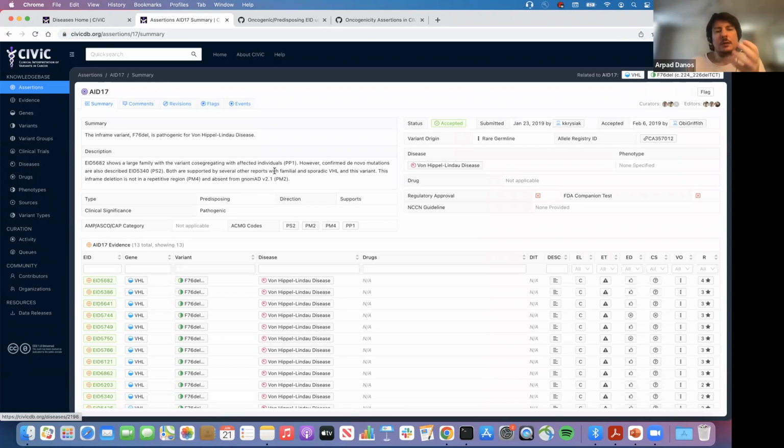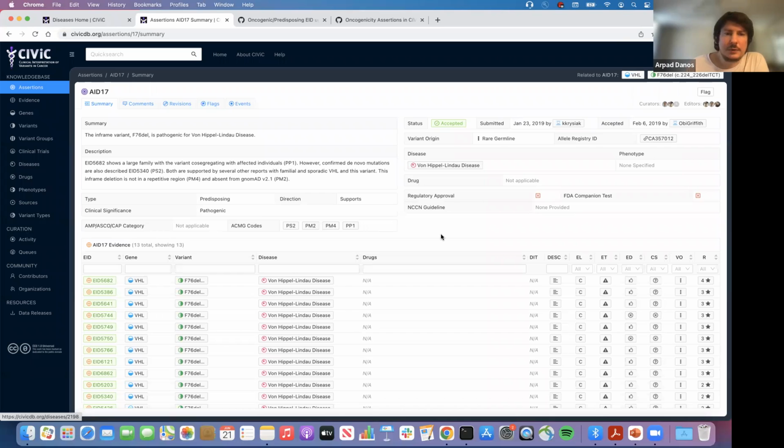But in large part, hopefully this becomes somewhat clear. This is a predisposing evidence type. Direction supports, in this case, an evaluation of pathogenic. So when you sum these up using the Richards 2015 algebra, you'll get an evaluation of pathogenic.